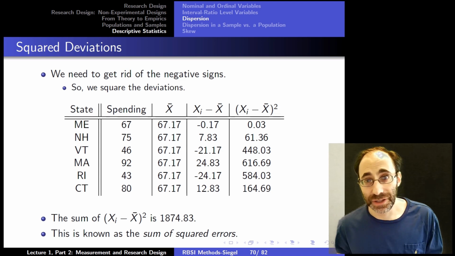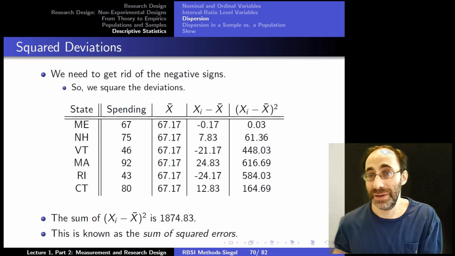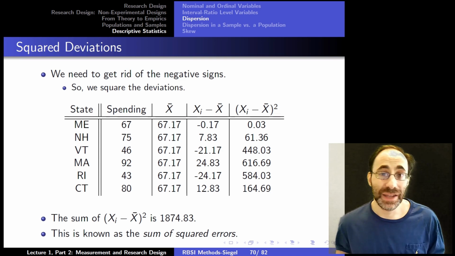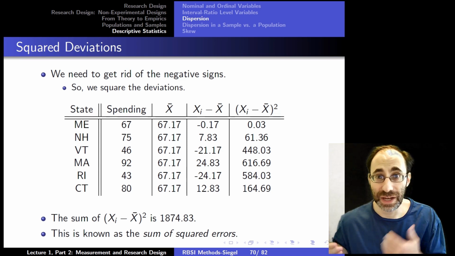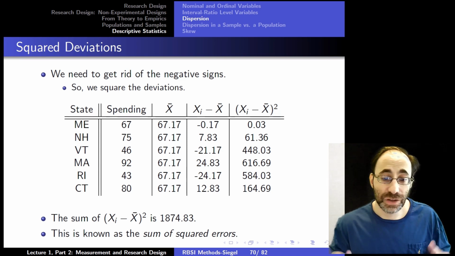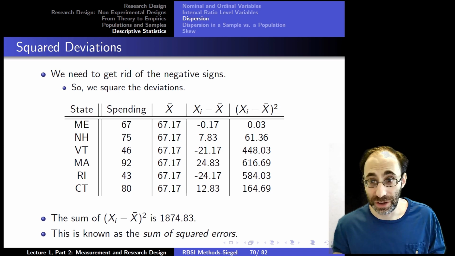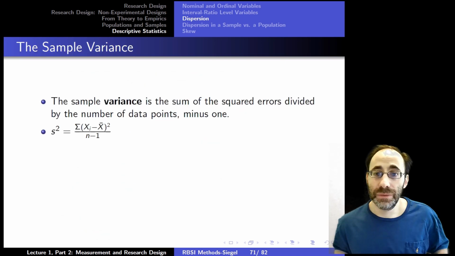Once we get better models later on in the course, we'll replace that x bar with a fitted value of the outcome that's better than just x bar and get smaller errors, but for now we'll focus on x bar. Either way, this sum of squared deviations is known as the sum of squared errors for that reason.